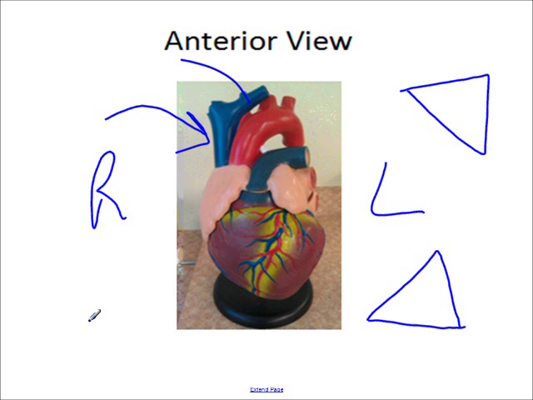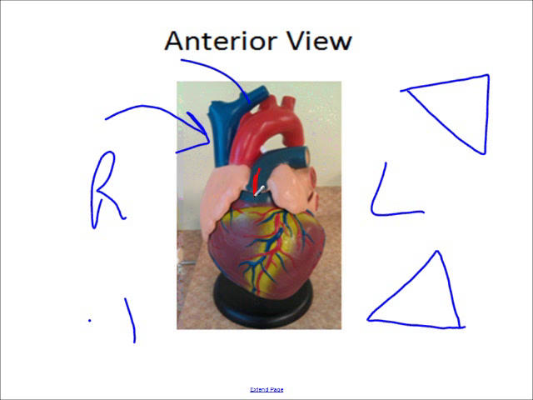Now the pulmonary trunk's ascent here is going to be slightly anterior to that of the aorta, and the right atrium will tend to cover a little bit of the aorta as well while it's working its way up. This part right here is the pulmonary trunk, which is ascending from the right ventricle, and not to be mistaken with the pulmonary artery.